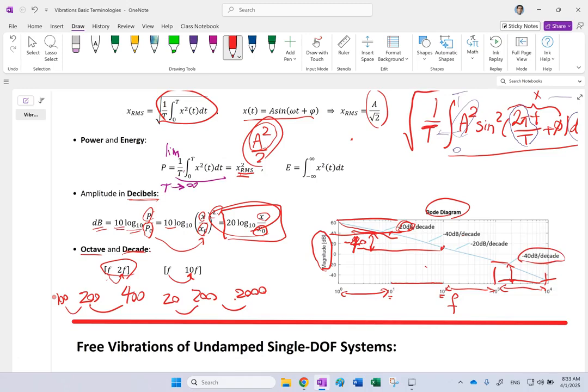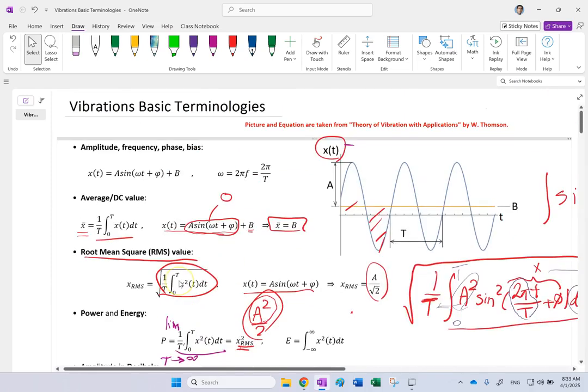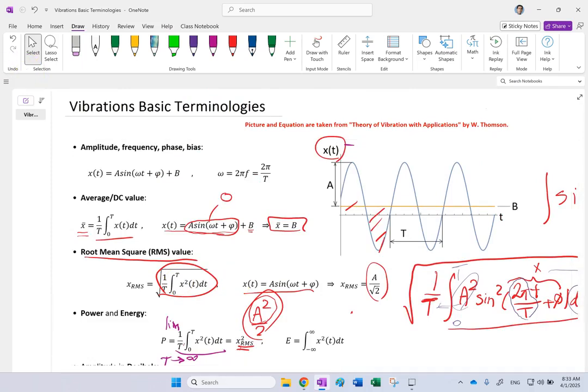Okay, so I stopped these basic terminologies here, but remember that in vibrations there are tons and tons more terminologies. We have free vibration, we have forced vibration, we have natural frequency, damped natural frequency, damping factor, resonance, there is mode shape, there is transient and steady state response, critical, basically damped, over damped, under damped, there is shock, there is logarithmic decrement, Q factor, stiffness.